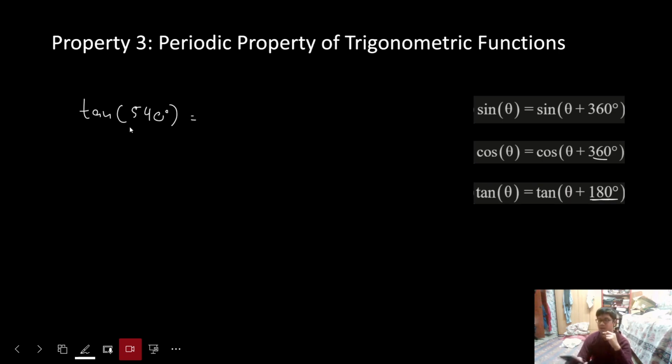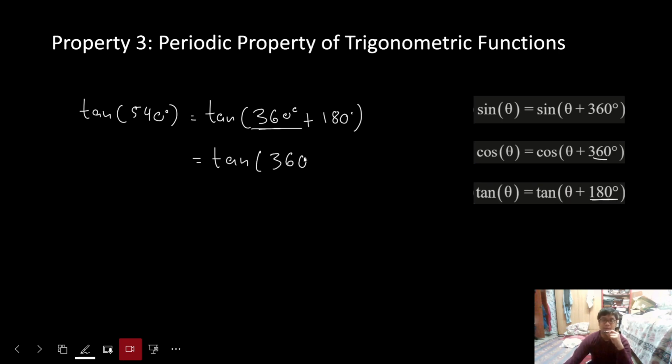The answer is 360 degrees. So we have tangent of (360 degrees plus 180 degrees), since 360 degrees added to 180 degrees results in 540 degrees. Therefore, our answer would be tangent of 360 degrees.